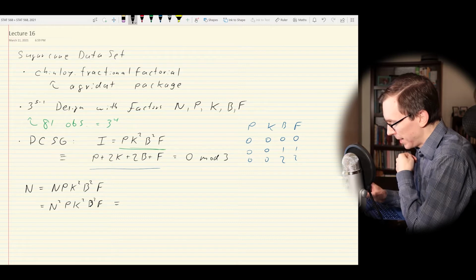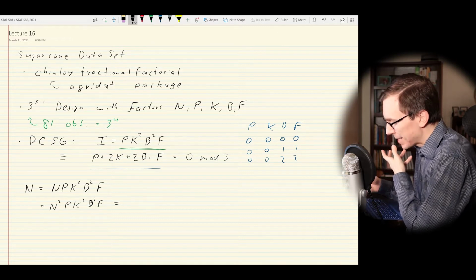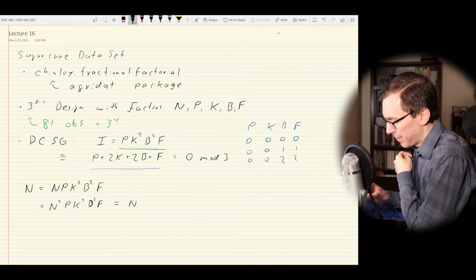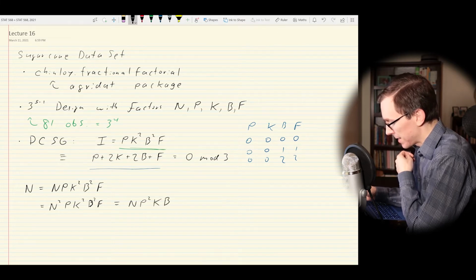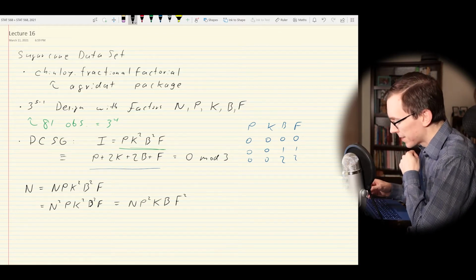But yeah, if we multiply n squared by the element in our defining contrast subgroup, then what we should do is reduce it. That is, get rid of the square in front of the n. Remember, this is for uniqueness, because if we don't do that, then we can run into some issues where we double count factors or interaction effects, and we don't want to do that.